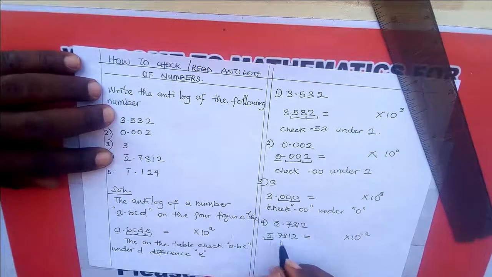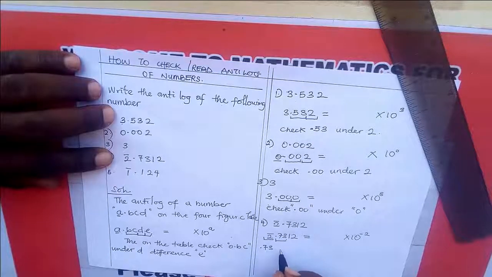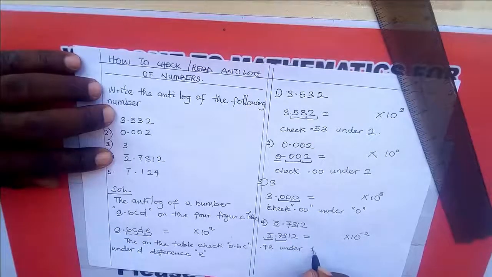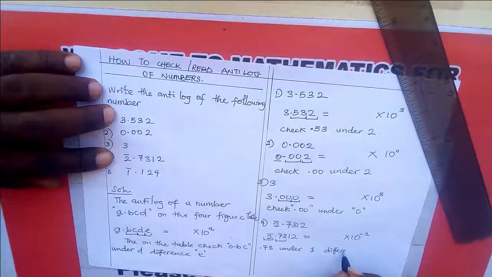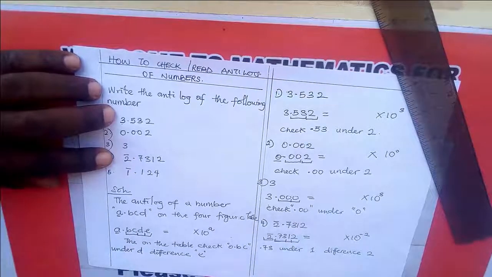Then I will check 0.73 under 1 difference 2. So I'm going to check 0.73 under 1 difference 2.